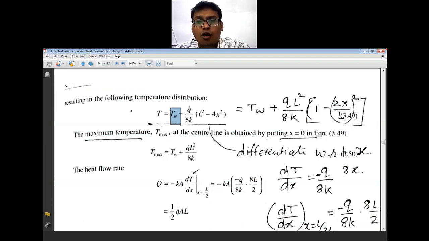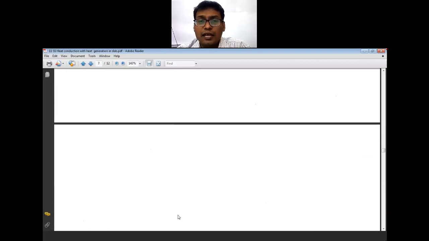So temperature distribution we have talked about with the wall temperature and with the surrounding temperature and the convective heat transfer coefficient. They will be coupled, and the heat flow rate is also calculated in terms of the heat generation, that is q dot times the area times L.